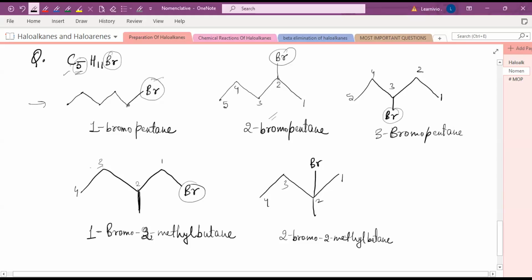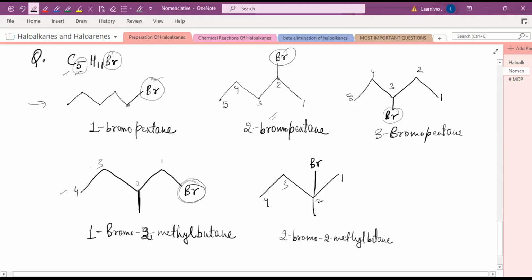Now what you are supposed to do, just remove 1 carbon from here and draw the 4 straight chain carbon structure, and for the 1 carbon CH3 methyl group, just add the branching over here, right? And now try to add the halogen group. Now you got other isomers.